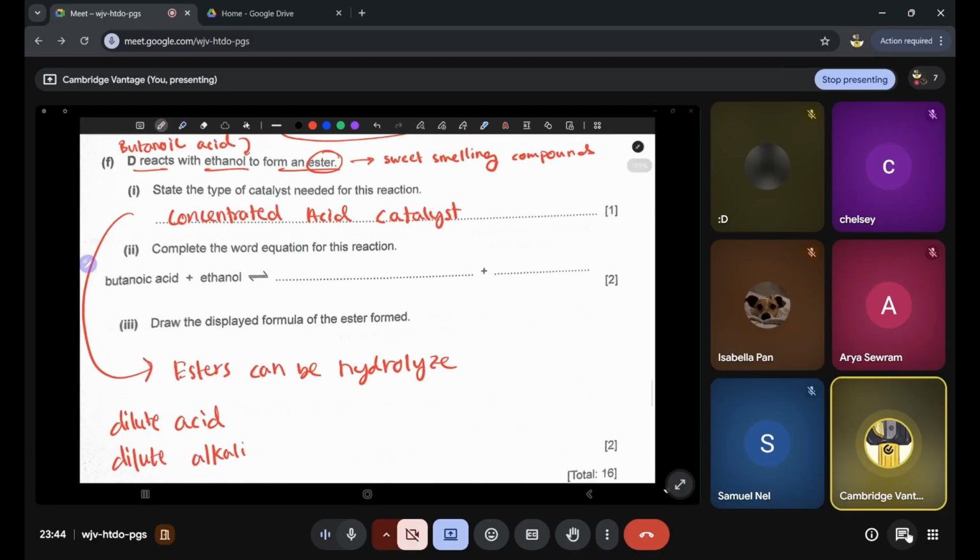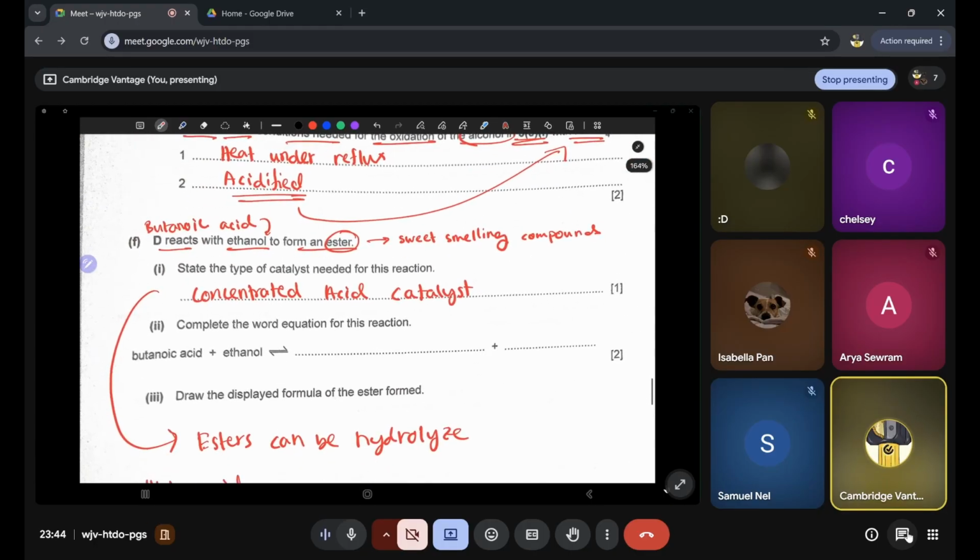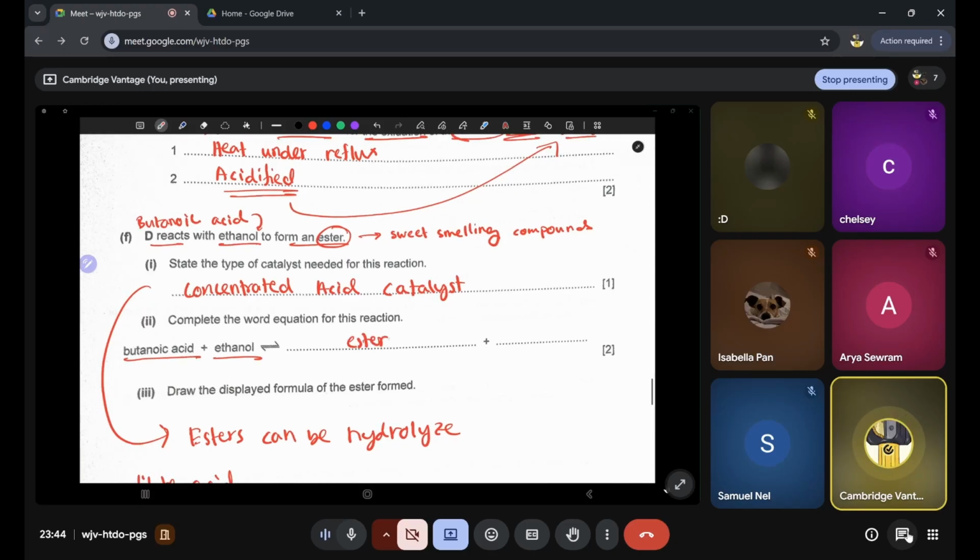And here's why. If you look at the reaction, butanoic acid and ethanol, let's write this down as well. It will form your ester and it will form water. When water reacts with ester, it breaks down the ester to give you back the butanoic acid and ethanol, and that is signified using the reversible reaction.